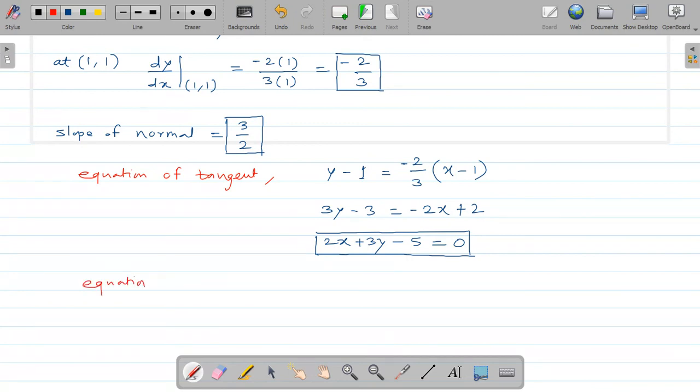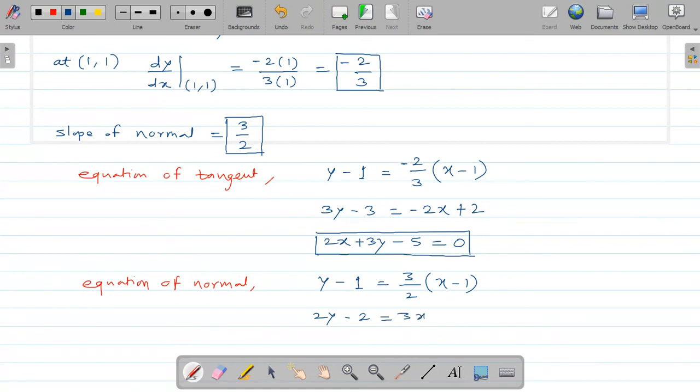Similarly, you have to find out the equation of normal. So hence the equation of normal, by using slope point form, here it is y minus 1 is equal to, slope is 3 by 2 into x minus 1. Now multiply both sides by 2, you will get 2y minus 2 is equal to, here you will multiply by 3.